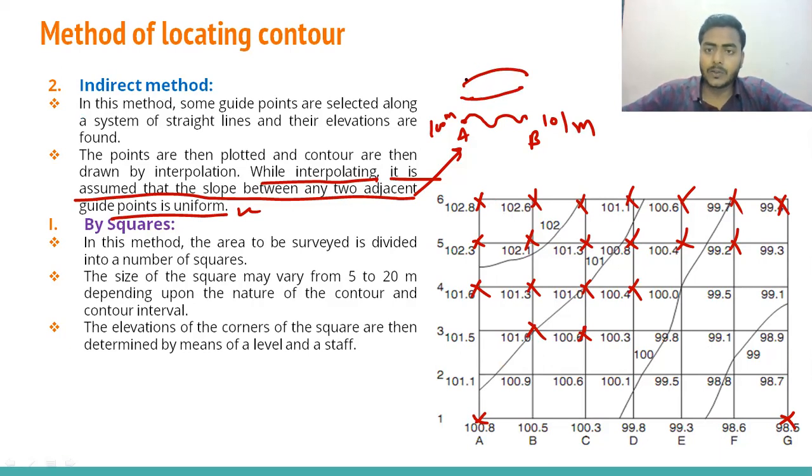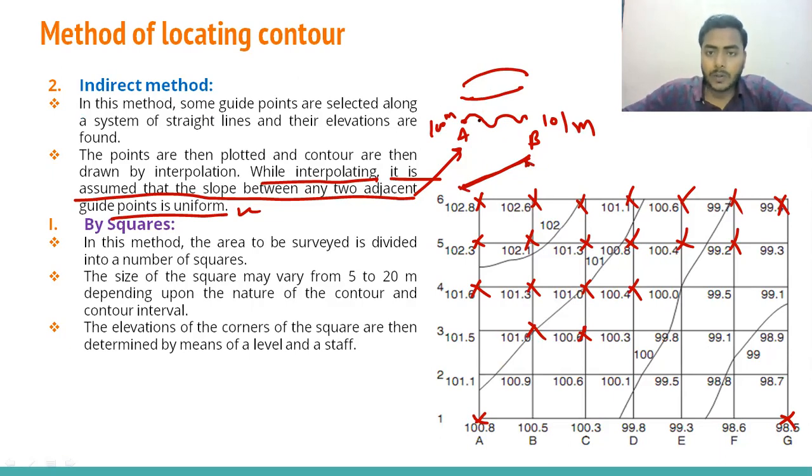But we are going to assume that here the elevation is 100 and here is also 100, so the ground will be like this. Whatever the elevation between, the ground will have a uniform slope throughout the distance between A and B. Are you getting the point?